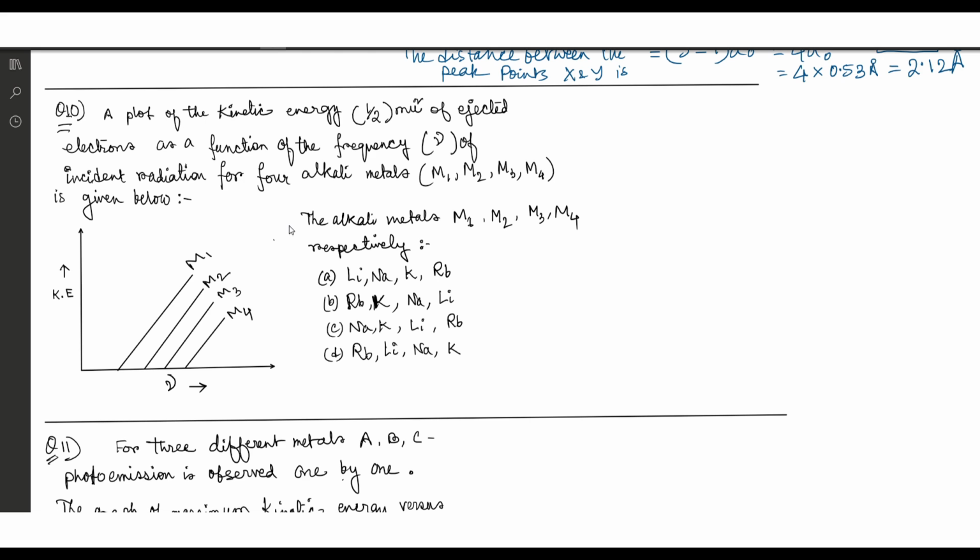So the intercept on the x-axis denotes nu 0, that is the threshold frequency.